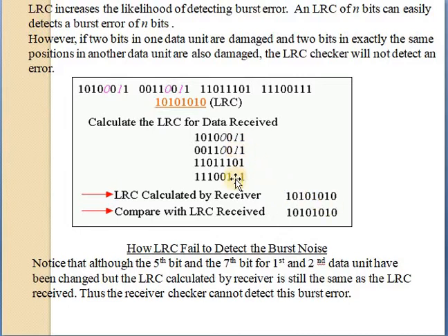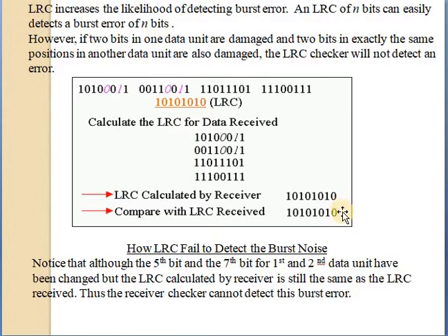In the second column the number of ones is odd, so we add a 1. Like this we add 1 or 0 using even parity check, and compare with the LRC received, which is the LRC sent by the sender. This is also 1 0 1 0 1 0 1 0.